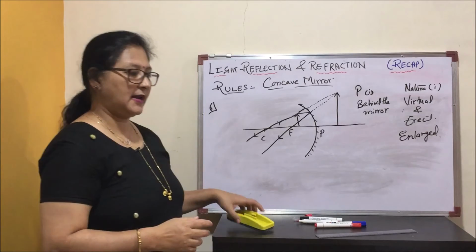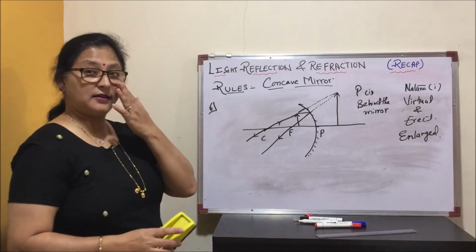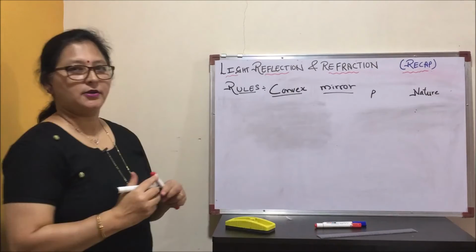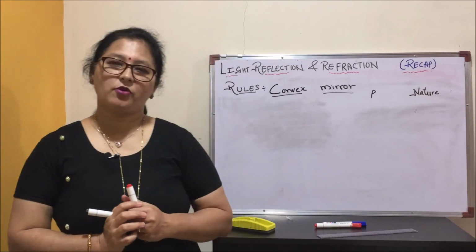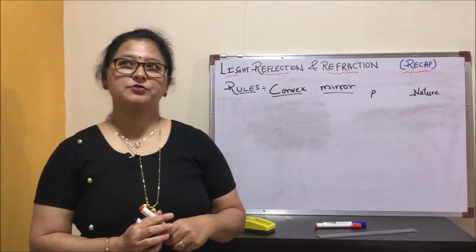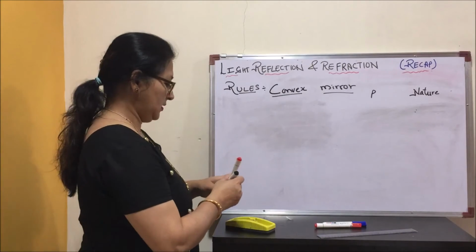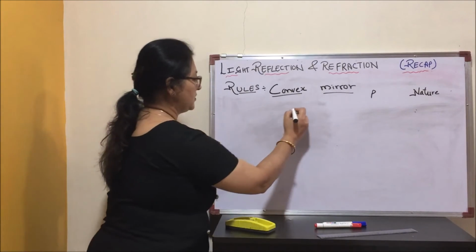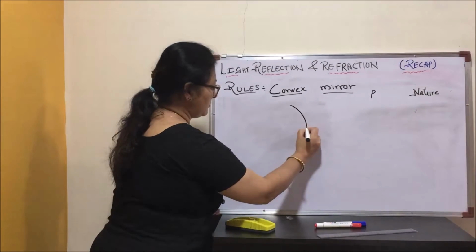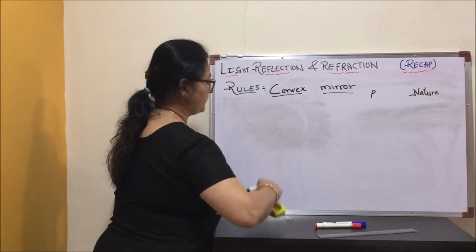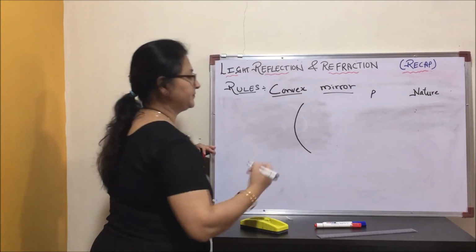Okay. So next we are going to do the convex mirror. Now we did the images formed by the concave mirror. Now we have to do the images formed by convex mirror. There are only two images regarding the convex mirror.